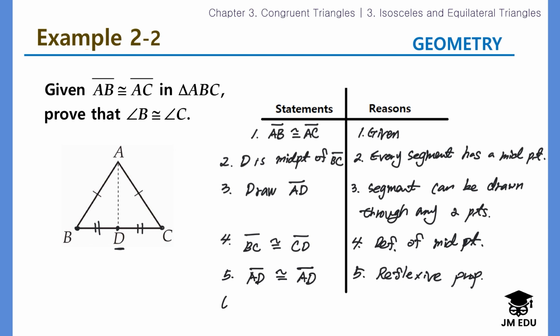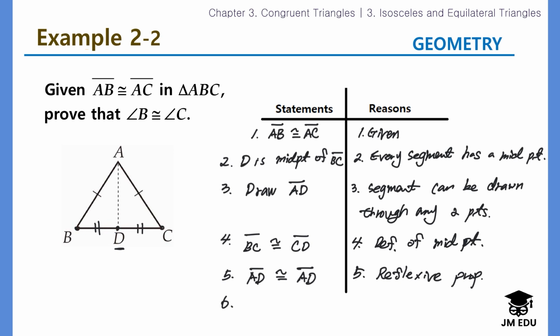So finally, number 6. So look at this. We mentioned that this side is congruent to this side, right? And this side is congruent to this side. And this side is congruent to this side. This was given, right? So all 3 corresponding sides are congruent, right?